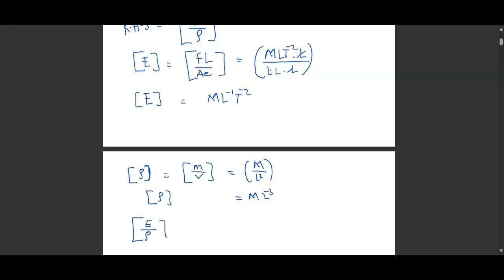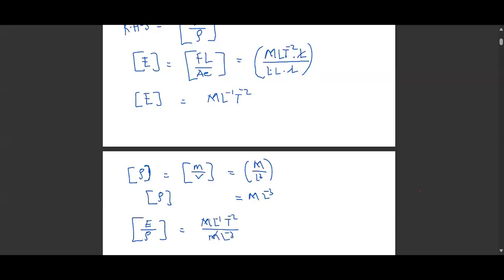Now we come and find dimensions of E divided by rho. Dimensions of E is M L power negative 1, T power negative 2, then divided by dimensions of rho, which is M, capital M. Don't change here, because capital M is standing for dimensions of mass. If you use smaller m, it becomes something different, and it has to be cancelled out. Then we have L power negative 3 here.